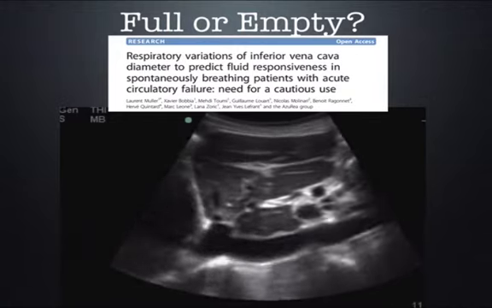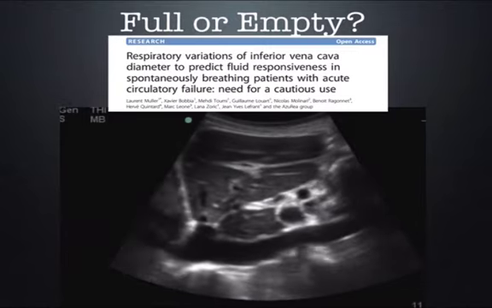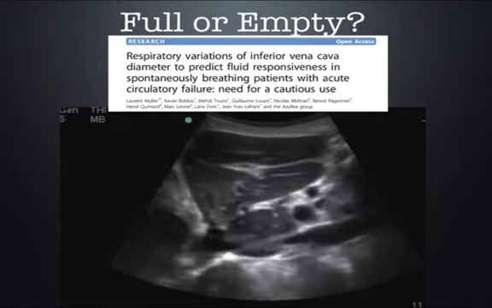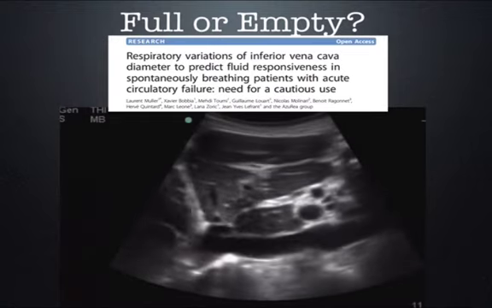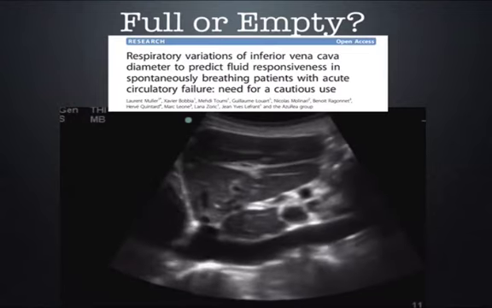And what they found was a 40% or more collapse correlated pretty well with someone who was fluid responsive.